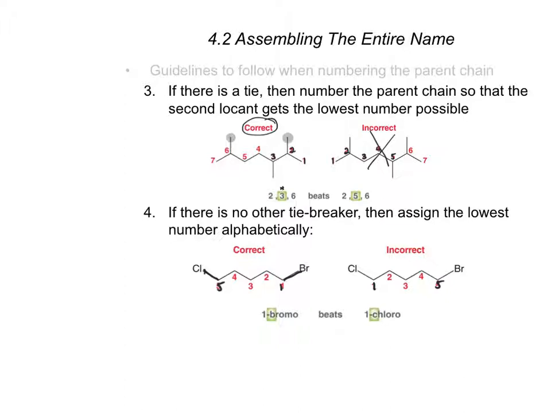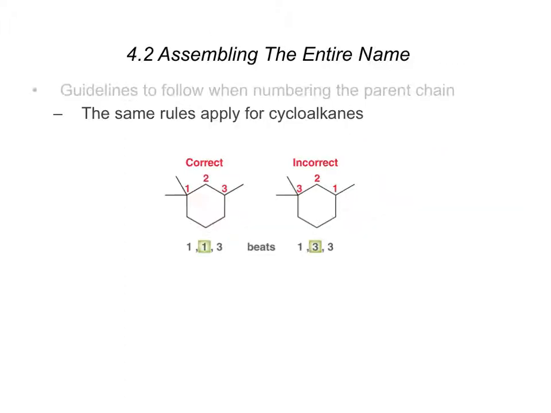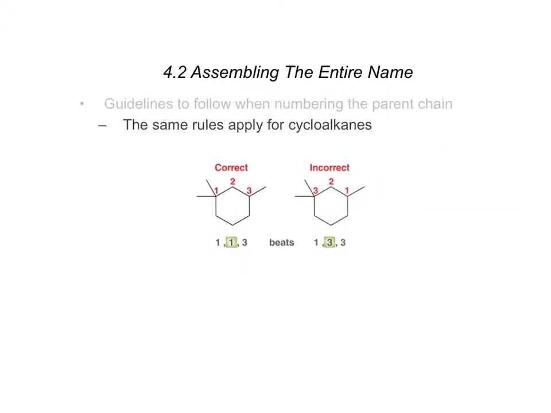So bromine versus chlorine, who comes first in the alphabet? B, bromine, right? So bromine will get the 1 because it comes earlier on in the alphabet. You're going to alphabetize them. That's how you're going to figure out who actually gets the number, okay, or how we're going to organize the numbers. Okay, so again, the purpose of this is just figuring out how to number the parent, which is sometimes a little bit more difficult than we make it out to be.